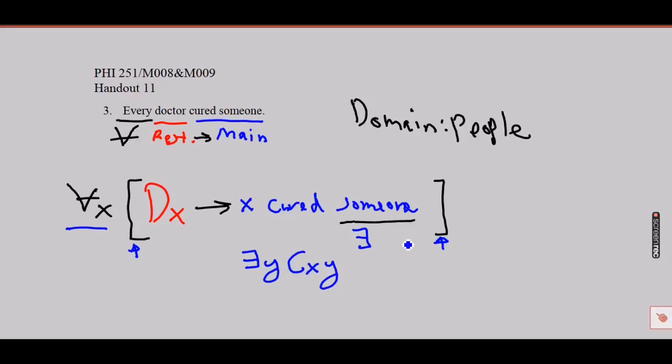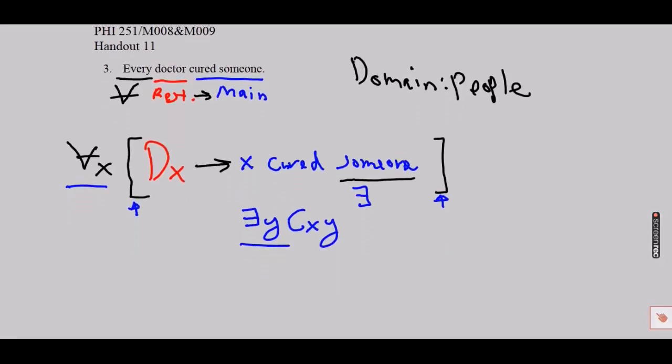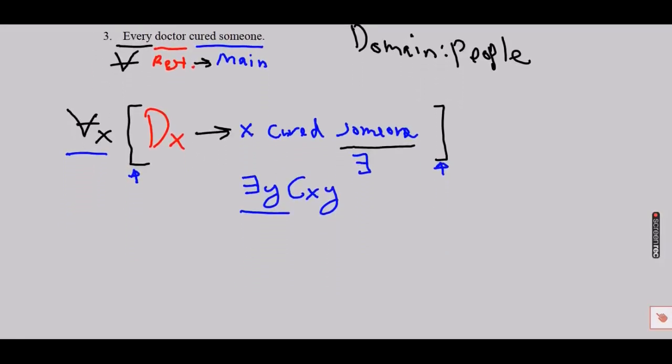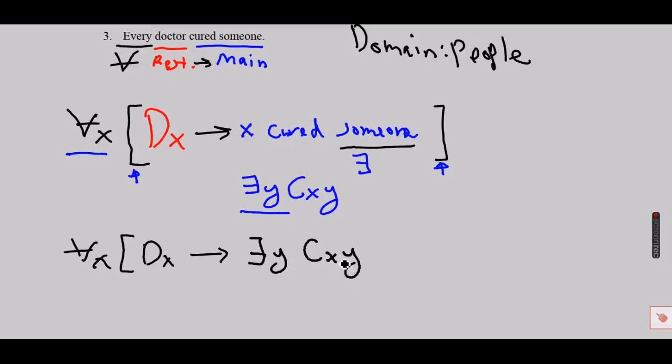So that's why we cannot use x for this second quantifier. There is some y. So we use y for the second quantifier. You can use z or any variable that is not x. Okay, so put that back into the main formula and you get the overall symbolization. We're saying that for all x, if x is a doctor, then there is some y such that x cued y.